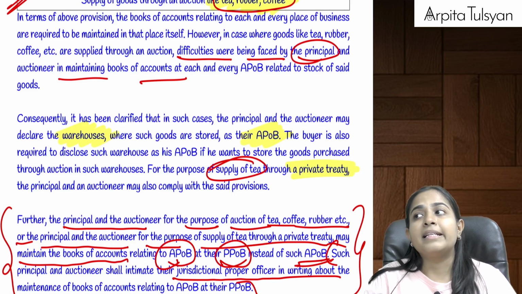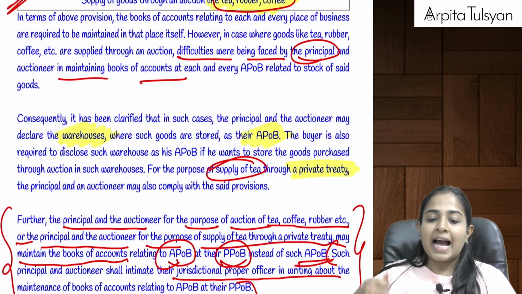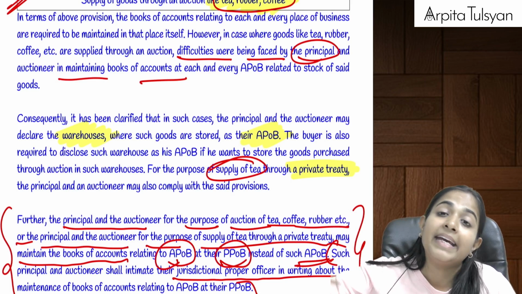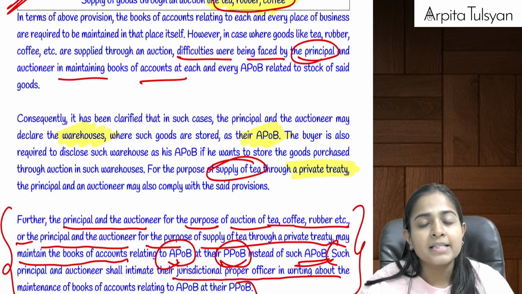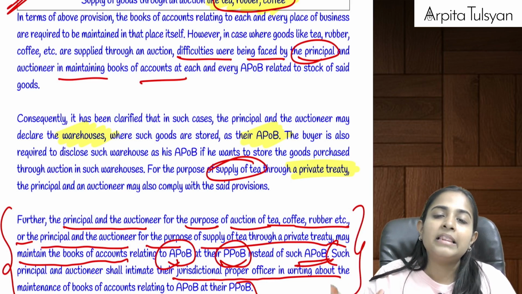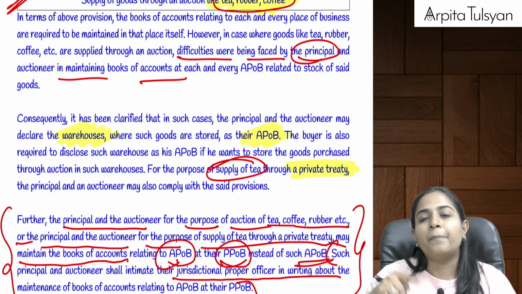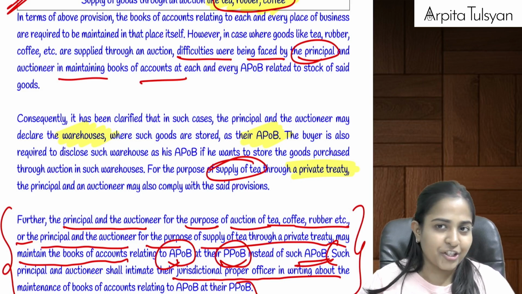Similarly, when that auctioneer is acting as my agent, meaning I am selling it to the agent and the agent is further selling it to the buyer in his own name, this will be considered as multiple supplies. So the principal as well as the auctioneer need not maintain the books at the additional place of business. They can maintain it at their respective principal place of business after informing the jurisdictional officer.